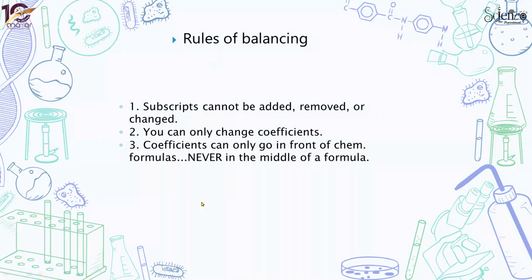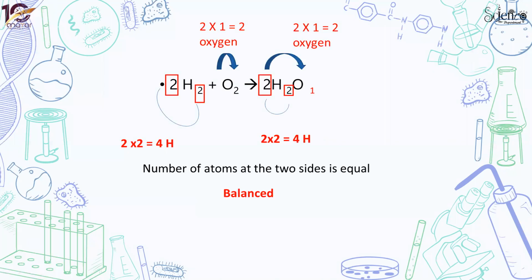Whenever I'm doing balancing, there are specific rules that we have to follow. The first rule and the most important rule is that subscripts cannot be added, removed, or changed. What does it mean? It means here you have H2O. You can't just change this 2 into 1, for example, or into 3, just to make the number of atoms equal.